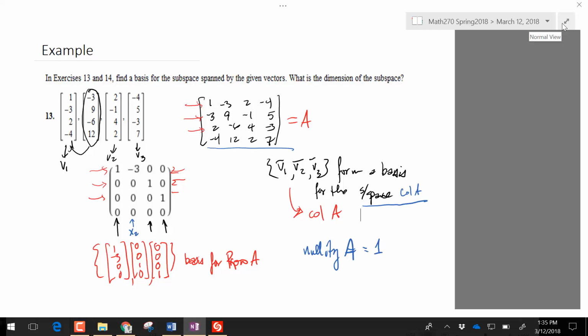We did 2.5, the LU factorization, and then we skipped everything else. We skipped partitions, Leontief economics, and then we skipped the computer graphics applications. That would have been fun, but we need to move on.